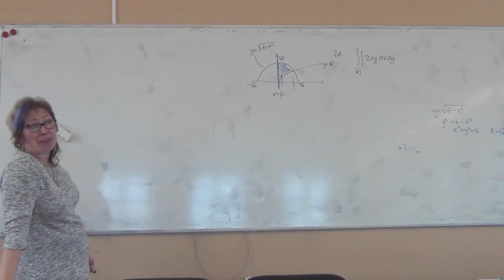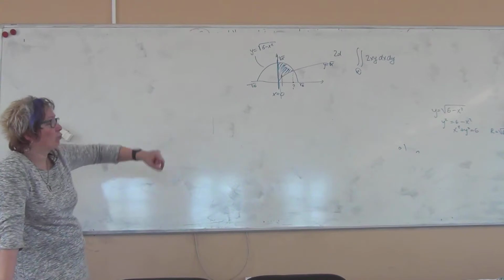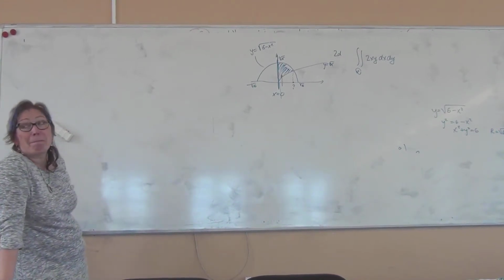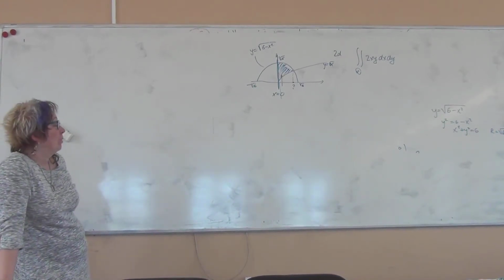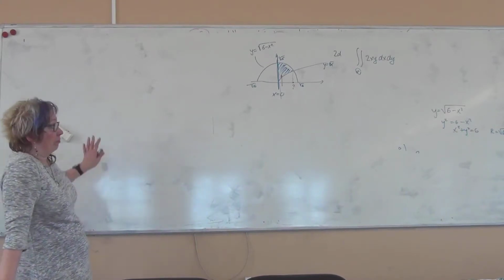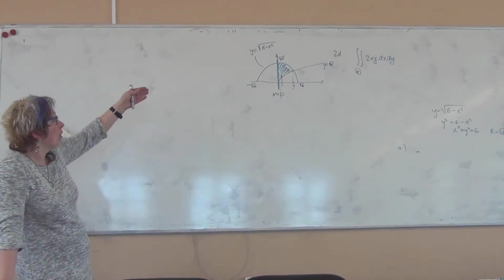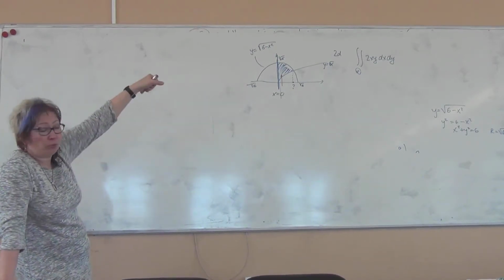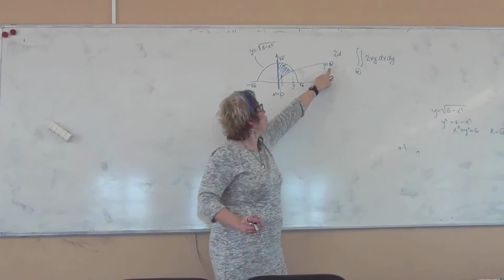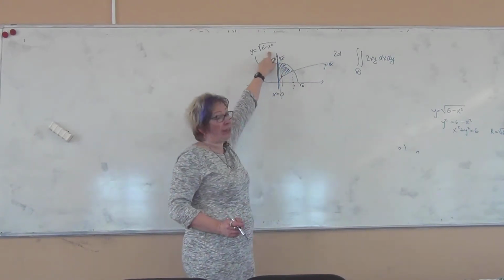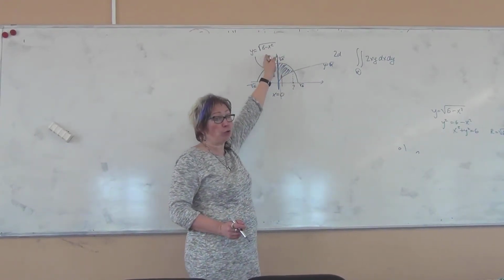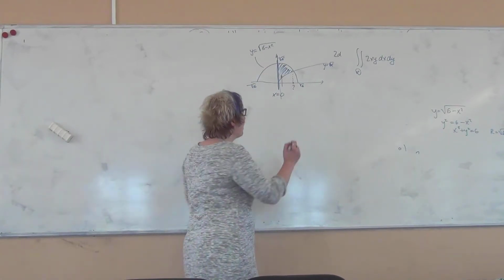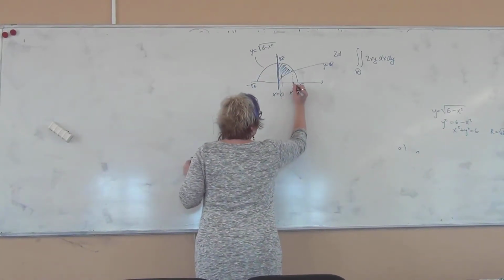Any ideas what the value of x at that red point might be? We could just try and error. Could it be 1? Square root of 5, square root of 1? No. Could it be 2? Square root of 2 for this function, 6 minus 4 is 2, square root 2 for the other function. Okay, we guess x is 2 at this point.